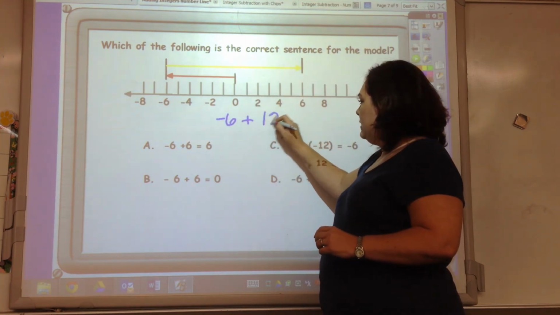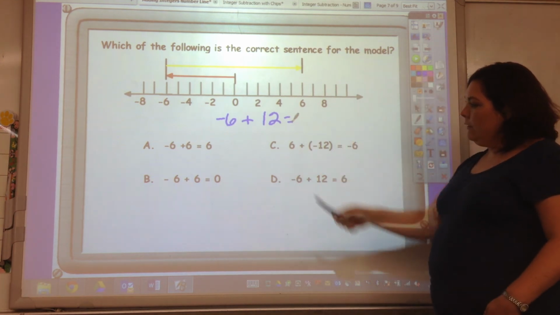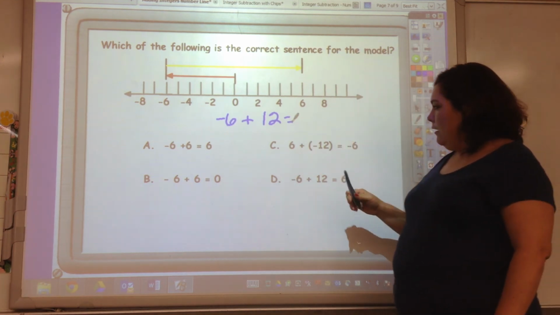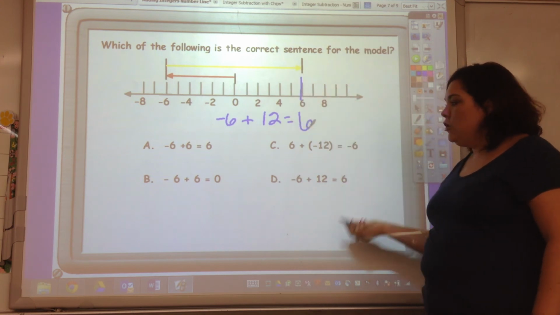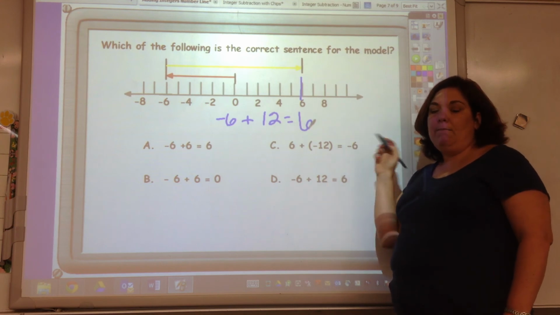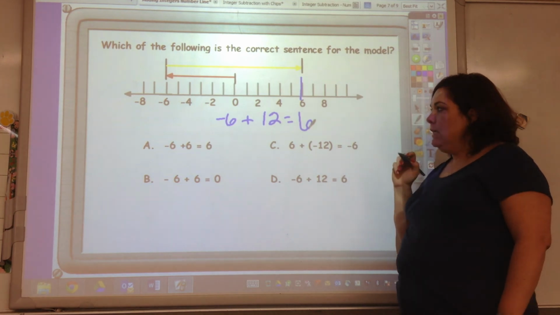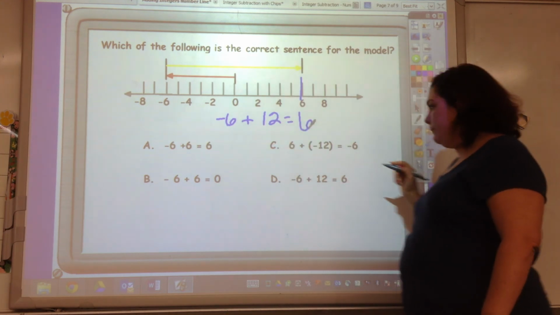And I'm landing on what? And so if you look at the answers, I'm landing on 6 here. So which letter represents the equation that matches that? And many times you'll just be given the picture and you'll have to match the equation.